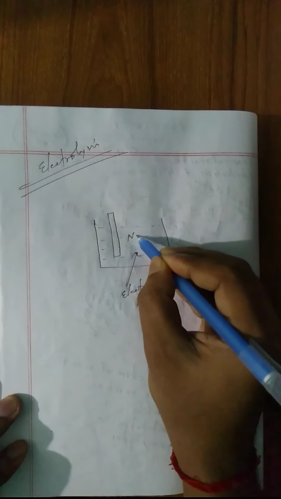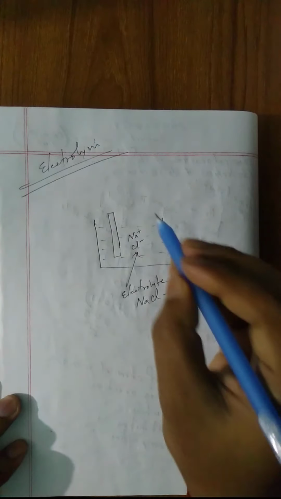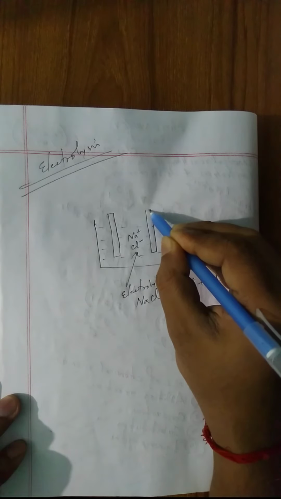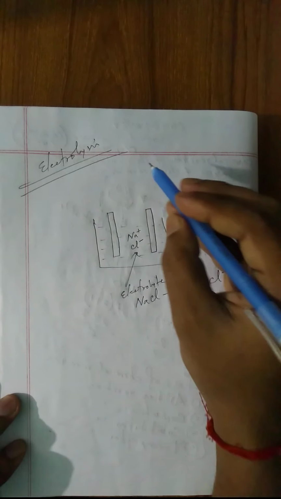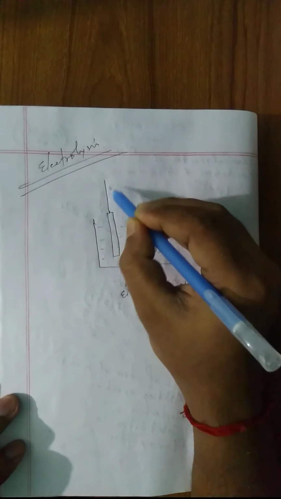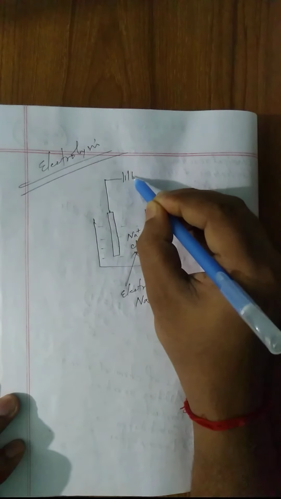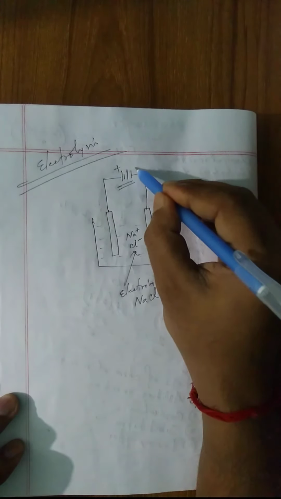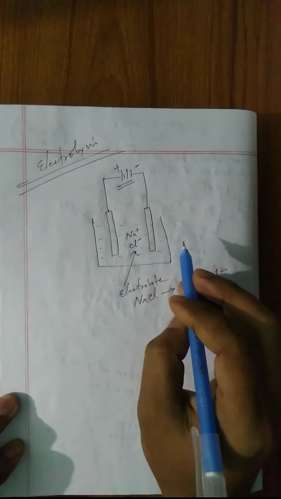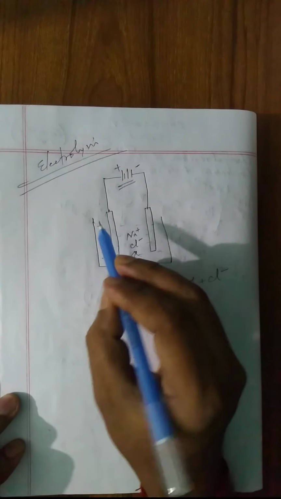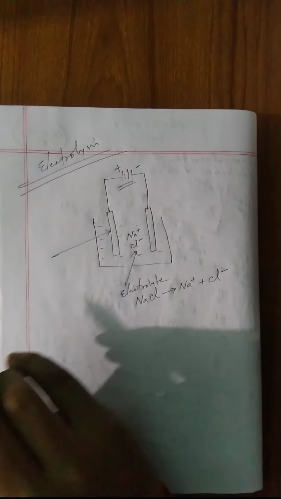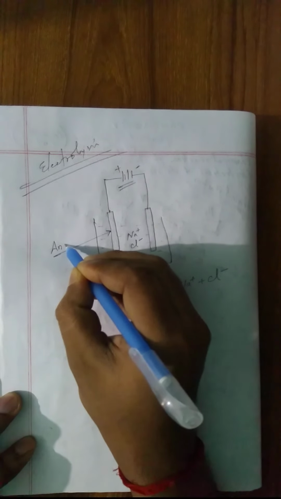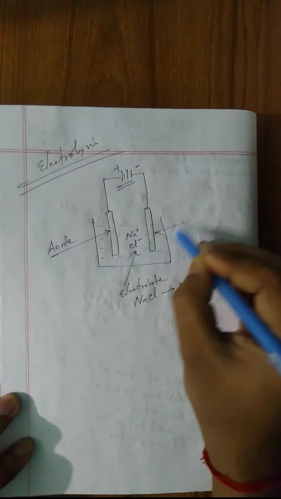And two electrodes are immersed in this solution, and one is connected to the positive port of the battery, this is the battery, and another one is connected to the negative port of the battery. So the electrode which is connected to the positive port of the battery, this is the anode, and this is the cathode.